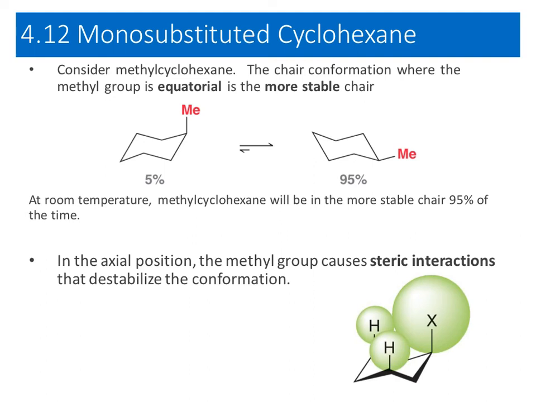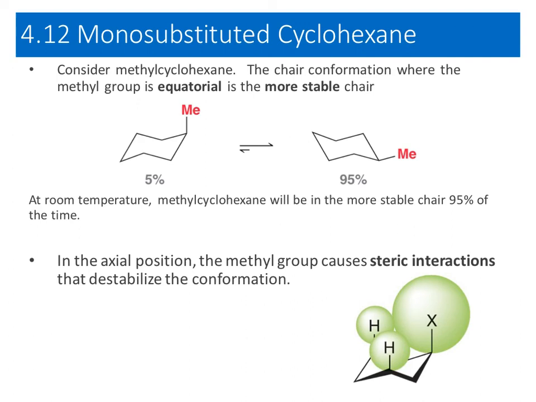Now, why is that? When we have a substituent in the axial position, this causes steric interactions in the molecule. Meaning that this substituent would have steric interactions with these hydrogens that are 3 carbons away from that.